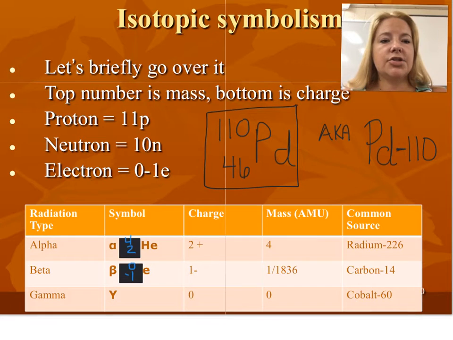Now, because an electron is released, the charge of what's released is -1, and you're going to find out that there's actually something that occurs with the protons with beta decay, and we'll talk about that in a minute. Gamma is just releasing energy, and we write that with a Greek gamma symbol. There is no charge to that, and there is no mass to it.